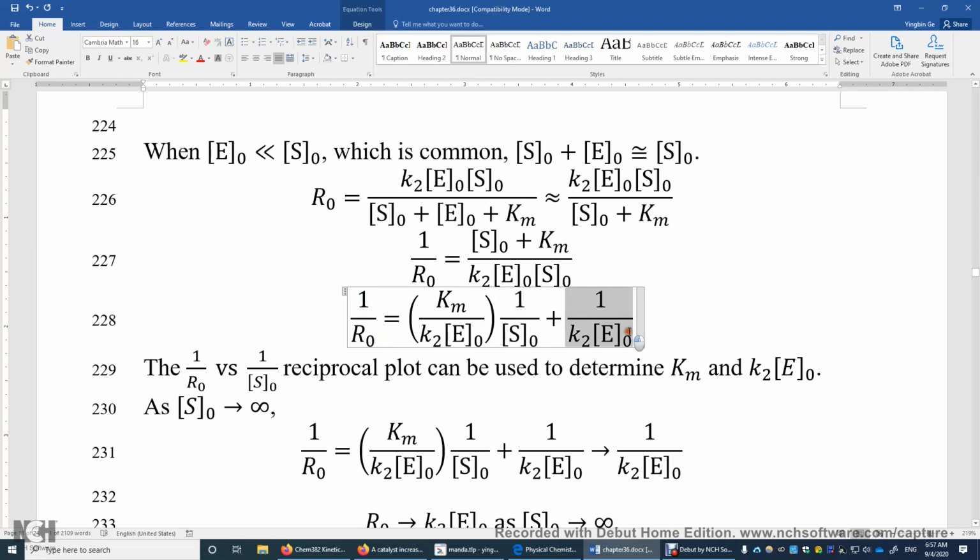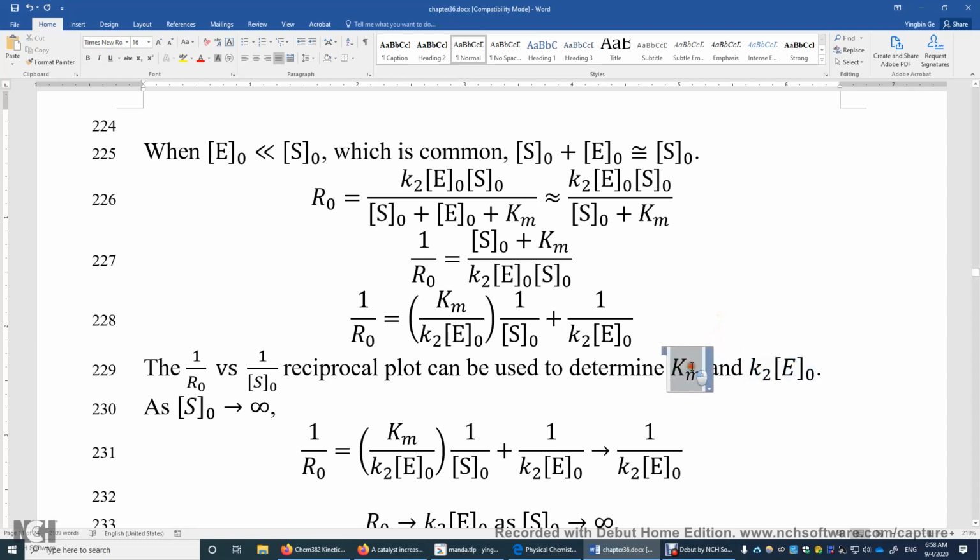You look at the intercept and take the reciprocal of the intercept, and then you get K2 E naught. And then you look at the slope, and you know the slope is this uppercase K sub M over K2 E naught. This is how we determine this composite constant and K2 times E naught experimentally.